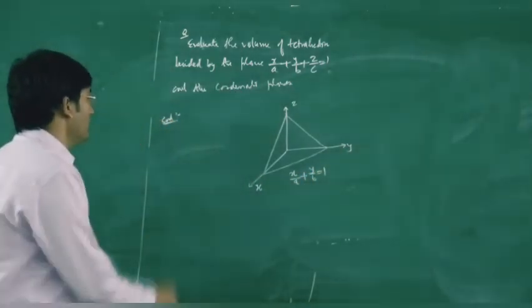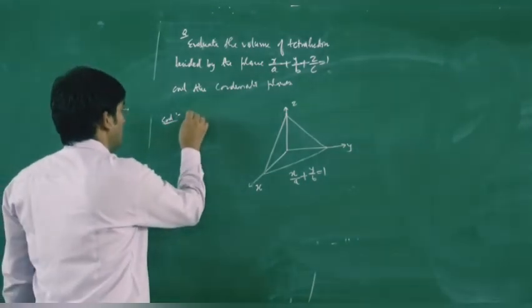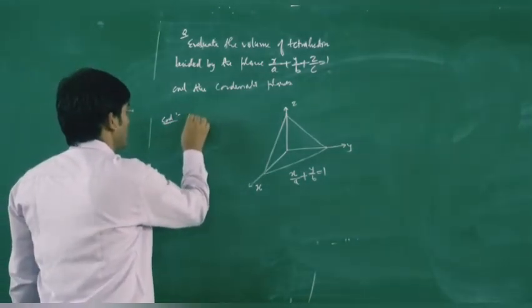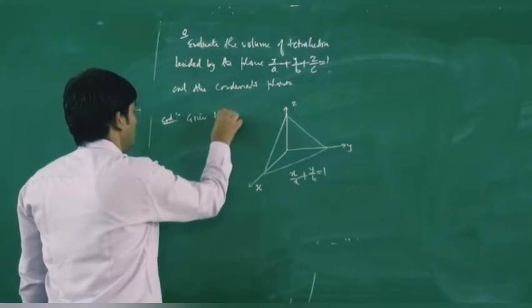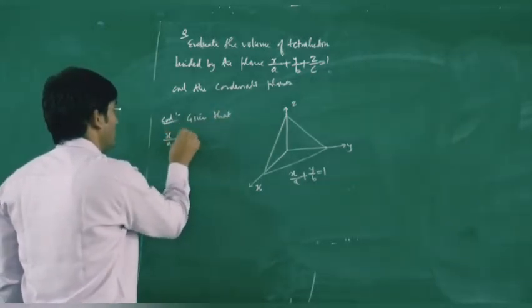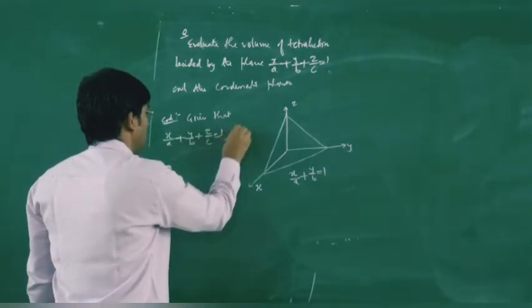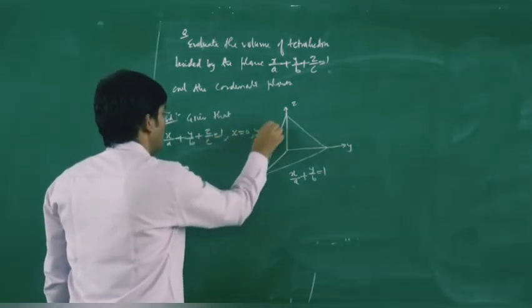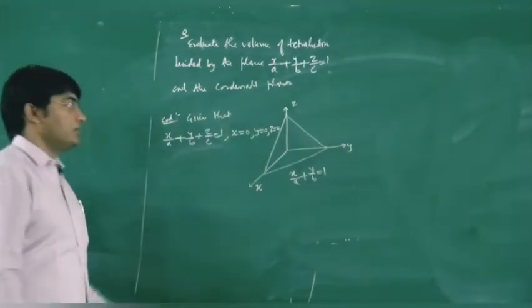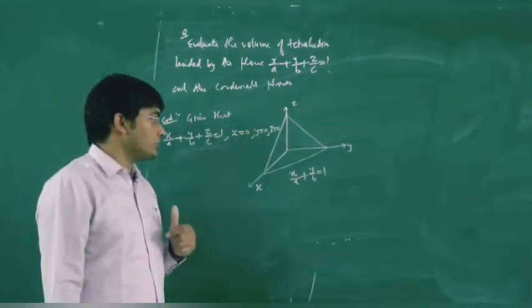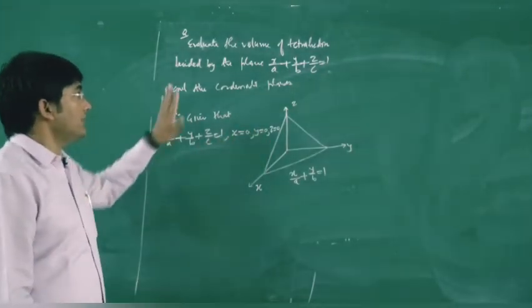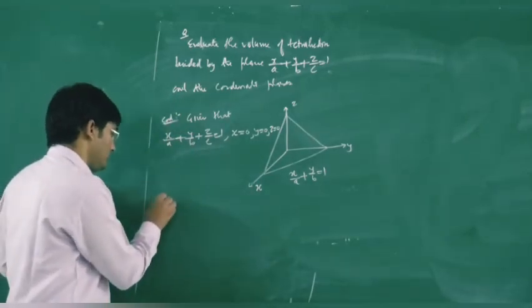It is bounded by the coordinate planes, so we will have x equal to 0, y equal to 0 and z equal to 0. Now let us guess the limits.